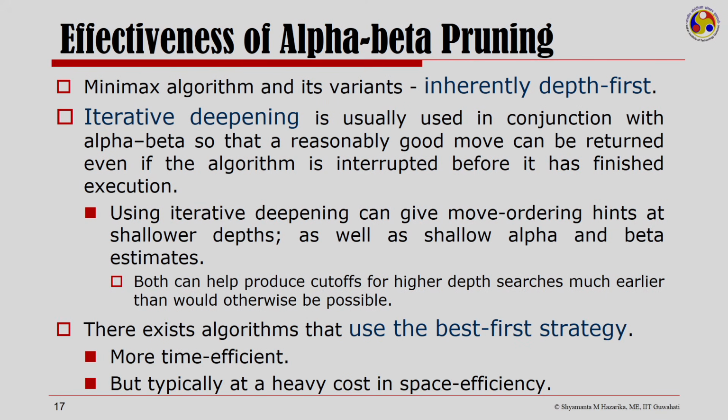There are other algorithms that use the best first strategy for minimax with alpha beta. Now, these are more time efficient, but typically there is a heavy cost in terms of space requirement. These we have not covered in our game playing algorithms and leave it out as an exercise to be taken during the course of our study.